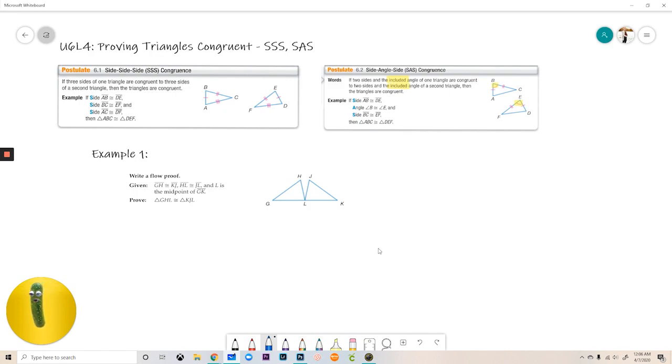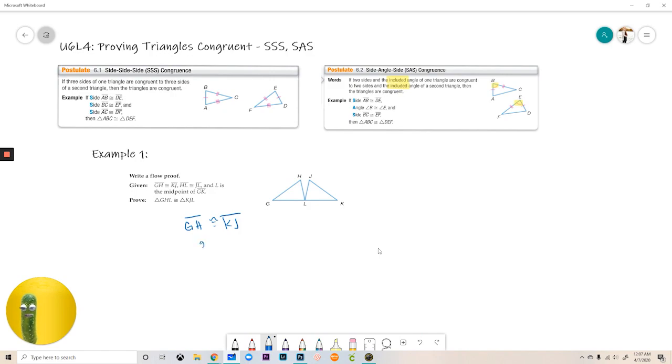So I'm going to go off of what a flow proof is. I'm going to start with the given information here, and I'm going to list all of that out. So we are given, and I'm going to break it up into pieces. We're given that GH is congruent to KJ.